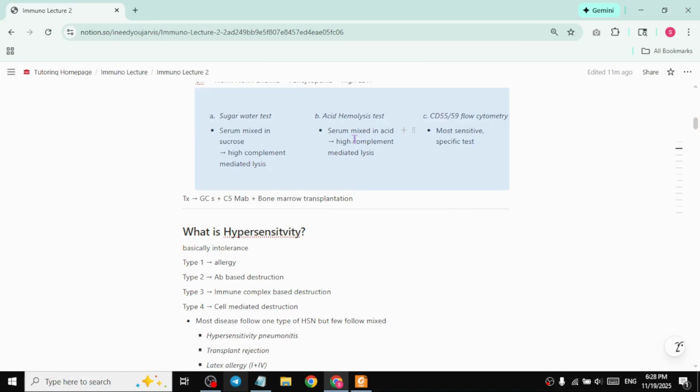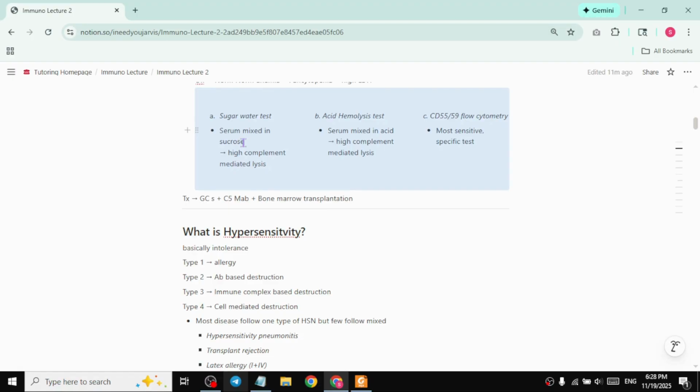There is a test called the sugar water test. Basically, you're taking the patient's serum and adding some sucrose into it and seeing if the cells lyse, right? If they do, then you have PNH basically, right? Because somehow the complement proteins were supposed to defend you from some sucrose or something like that, and whenever you give sucrose, I guess the complement activity increases.